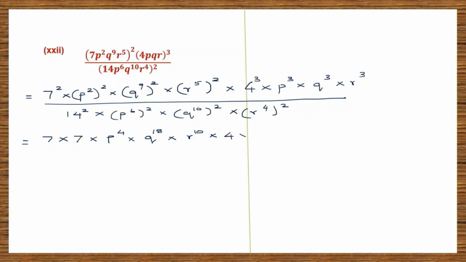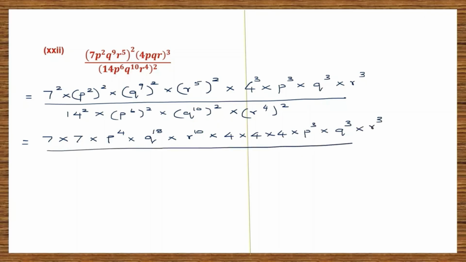So let's write 4 into 4 into 4. And next one is p raised to the power of 3 into q raised to the power of 3 into r raised to the power of 3. The numbers, children, we can leave it like that in case we think there is something to cancel. Now down we have 14 into 14. Okay, and into p raised to the power of 6 2s are 12.